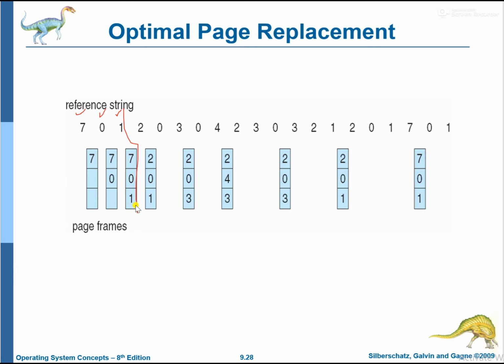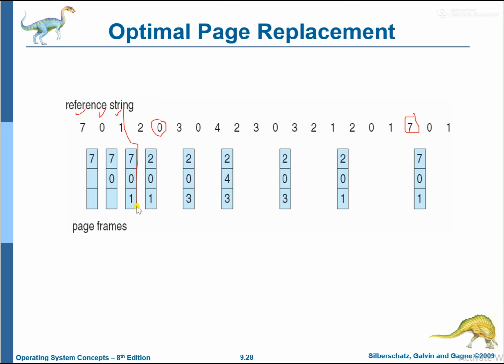a victim. So now how will we choose the victim? We will see when 7 is used after this. If 7 is the victim, then if we scan from here, 7 will be used at this point. Okay, 0 will be used at this point in the future, and 1 will be used over here at this point in the future.